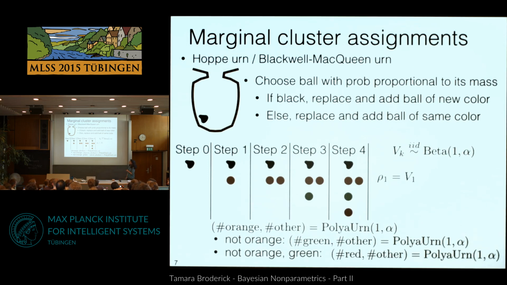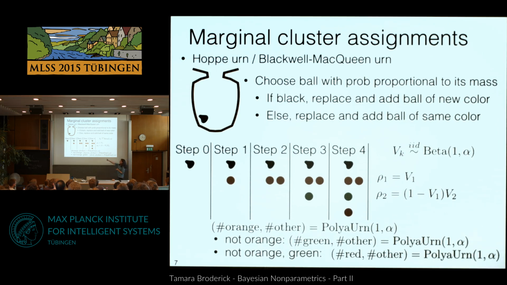So the limiting proportion of oranges has a beta distribution with parameters 1 and alpha. The limiting proportion of things that are not orange is 1 minus V1, this beta distribution.